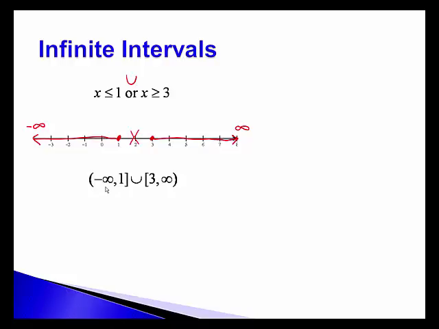The first piece would be negative infinity to 1. That's this interval right here. It started at negative infinity, continued to be shaded up to 1, with a parenthesis on this end and a square bracket here. We then say we have another piece to include, and that is the union symbol right there, and then here comes the second piece. Starts with a square bracket, 3, comma, and how far does it continue? To infinity. Close with a parenthesis, always next to that infinity symbol.